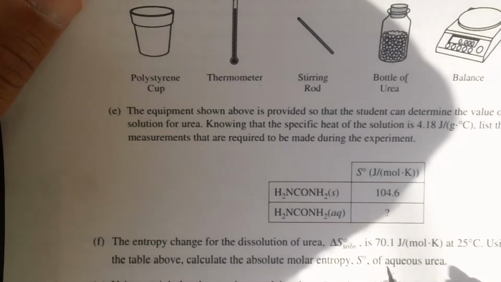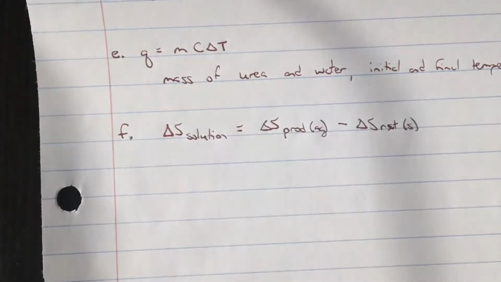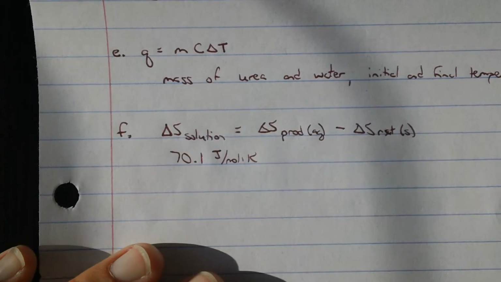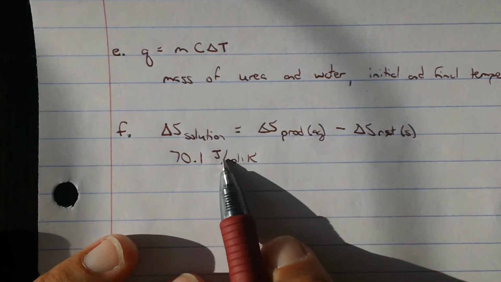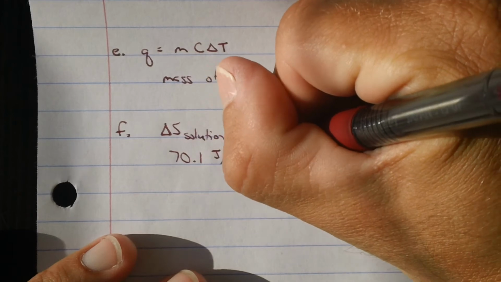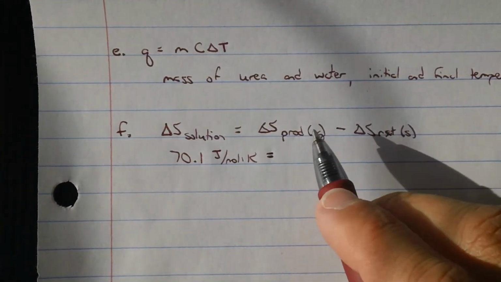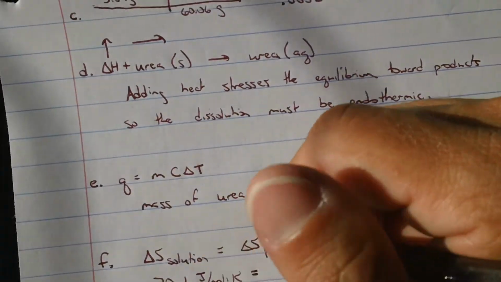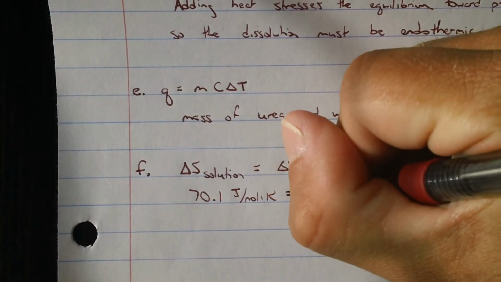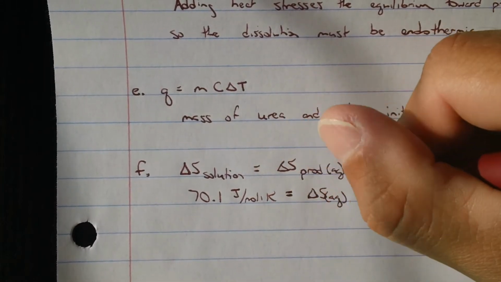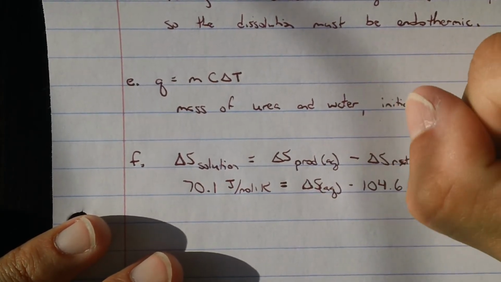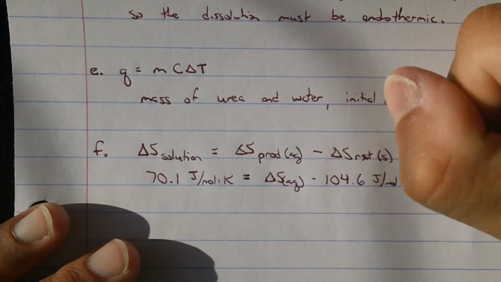And then we're plugging in values. They gave us the delta S of the solution, 70.1 joules. So we got 70.1, this is joules per mole times Kelvin. Make sure if you're doing delta G equals delta H minus T delta S, you are aware of that being joules, because you're going to have to convert it to kilojoules. This one we don't, because they're all in joules. Delta S of the product, the aqueous thing, that is what we are looking for. And then the delta S of the solid is 104.6. So we have delta S for our aqueous thing minus the 104.6 joules per mole times Kelvin.